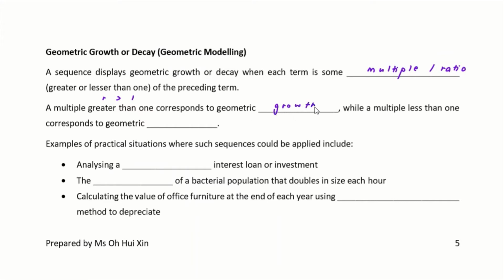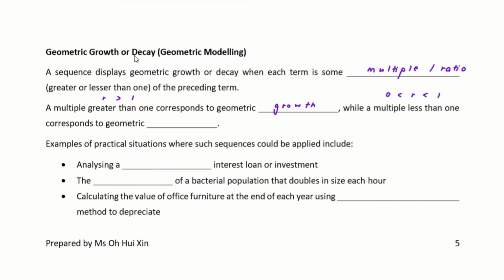Whereas when you have a multiple that's less than 1, in this case, we are talking about the multiple that is less than 1 but greater than 0, okay? Because you see, the words that we use are growth or decay. If let's say we have a negative r, then you know that your sequence will alternate like positive, negative, positive, and that doesn't actually indicate growth or decay because it is just growth then decay, growth, decay.